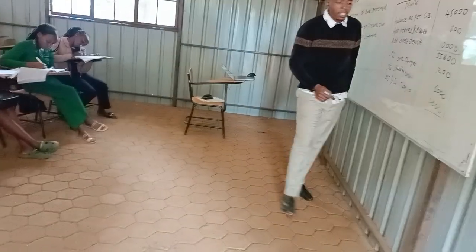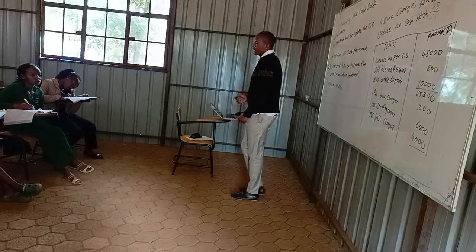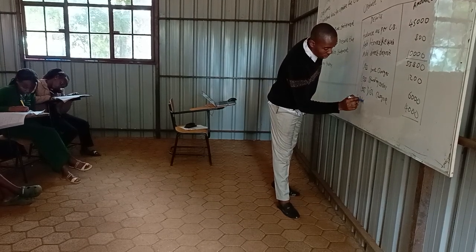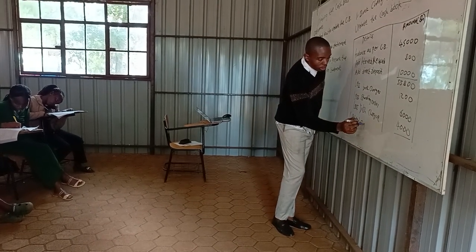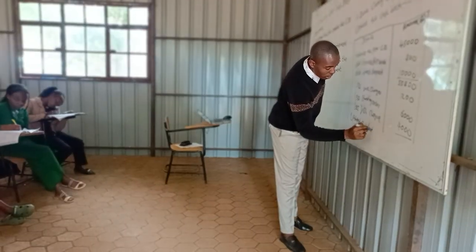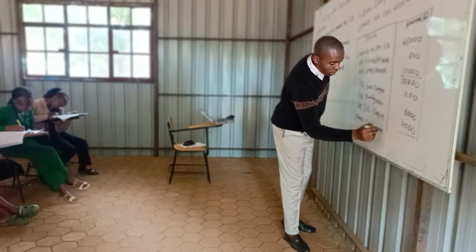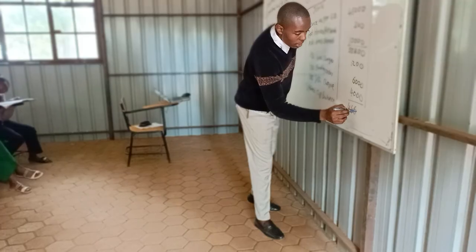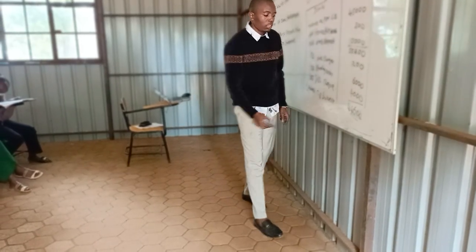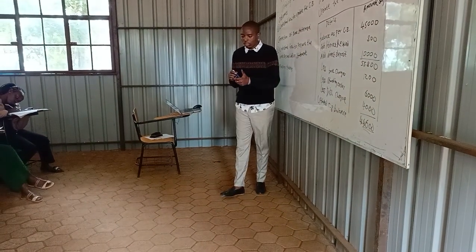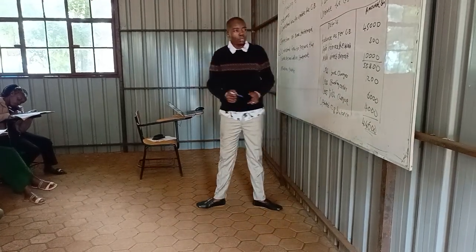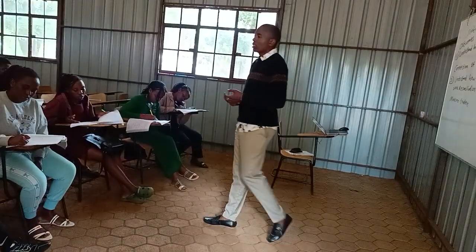What do we get as the total? The updated cash book balance. That is 44,600. Good. That's the updated cash book balance, and this is the balance now brought down.